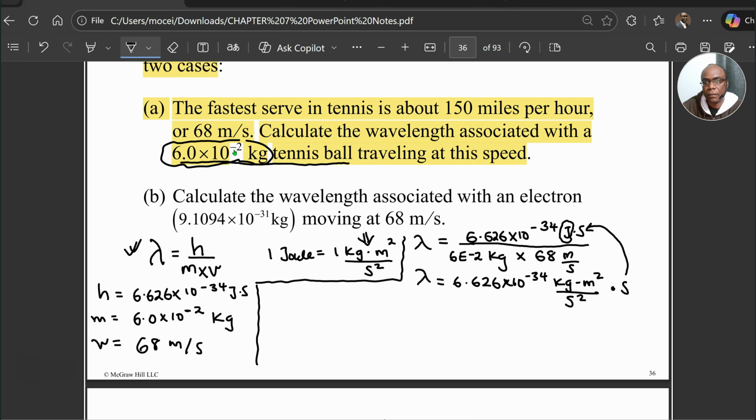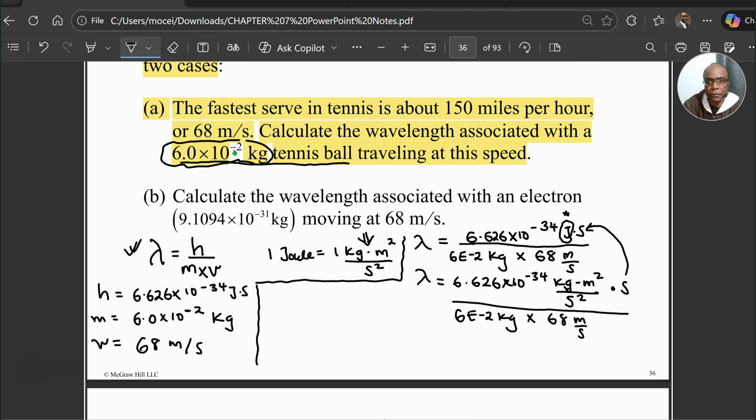In chemistry, all units must cancel out, which is why I had to convert the joules to kilogram meter squared over second squared. Because then, how am I going to get rid of the J if I don't do that? Or even the kilogram. So I'll copy my numbers again. That's the mass, and this 68 meters per second is the velocity.